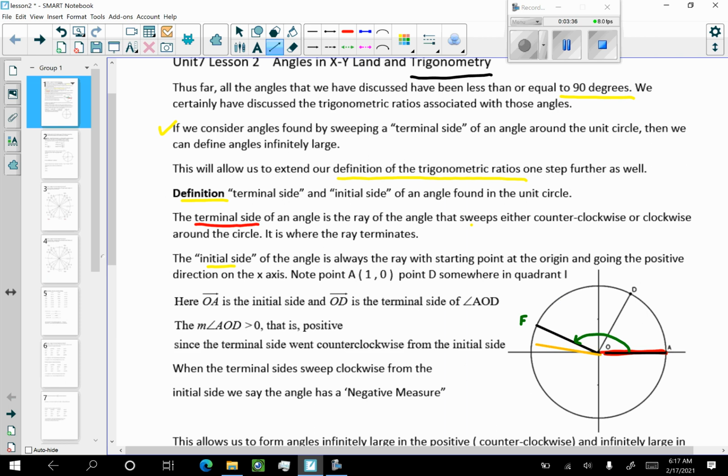So let's stop it in quadrant 3. If I just started here and went to that angle there, what do you know about that angle? Well, that angle is going to be greater than 180 degrees. Whoa, I've just created an angle greater than 180 degrees.